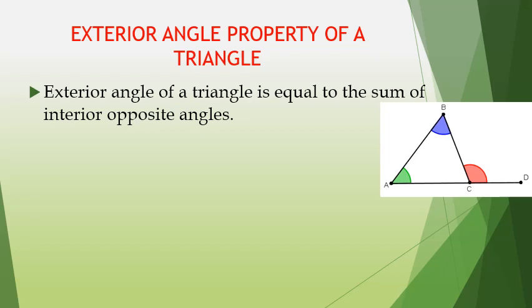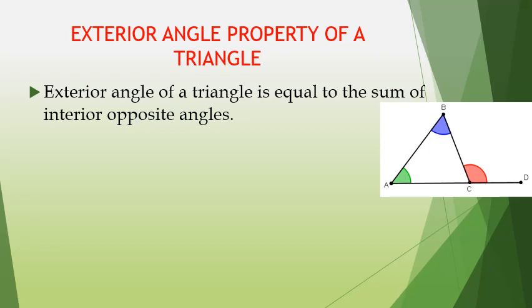Look at the figure. Triangle ABC is given and side AC is produced and marked as D. Consider triangle BCD. What type of angle is this? Yes, angle BCD is the exterior angle.